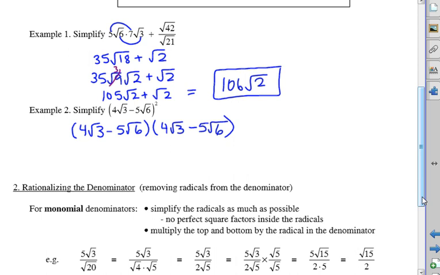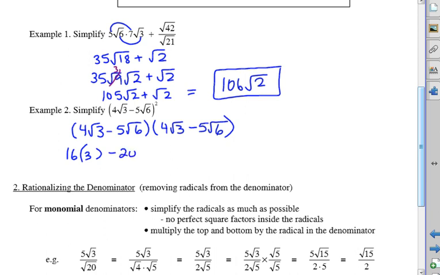It feels like for every one, there's like 2 multiplications going on, right? Because we are doing 4 root 3 times 4 root 3. So 4 times 4, 16 times, what's root 3 times root 3? 3. So it just becomes 16 times 3. Or you can write root 9 if you really want to. Okay. 4 root 3 times negative 5 root 6.